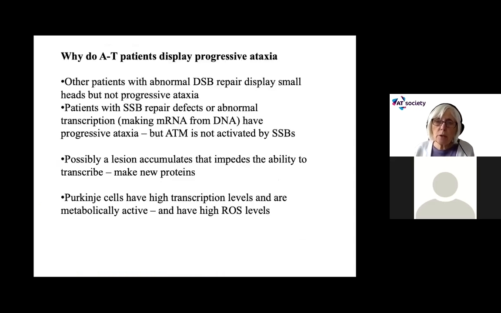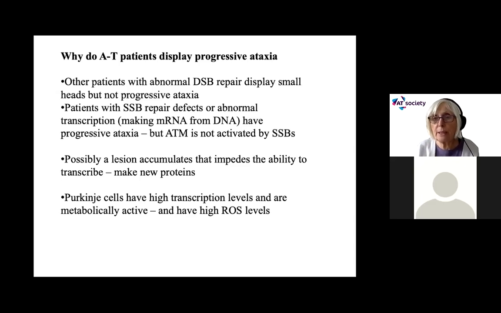But the explanation for the ataxia is harder, because there are other individuals that are abnormal in the repair of DNA double-strand breaks, but those individuals tend to have small heads, but not progressive ataxia. And conversely, patients that do have defects in single-strand break repair or abnormal transcription, they're the ones that have progressive ataxia.